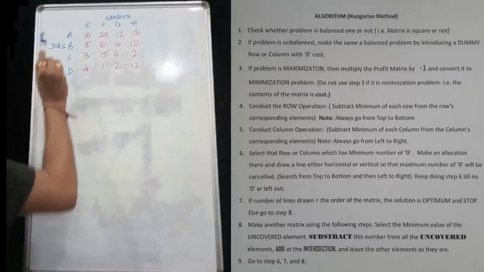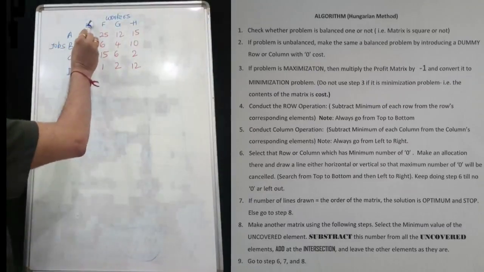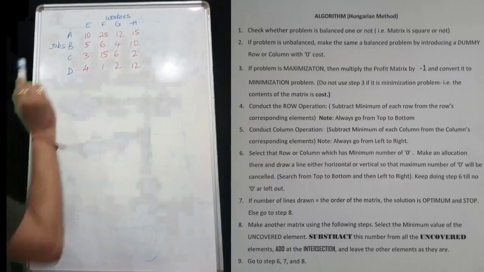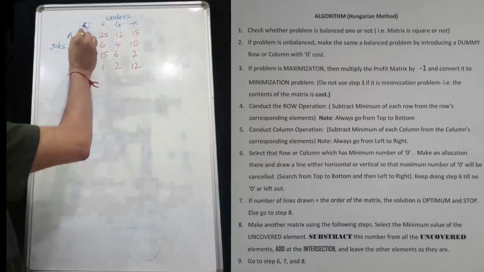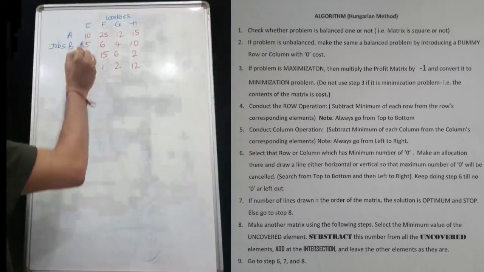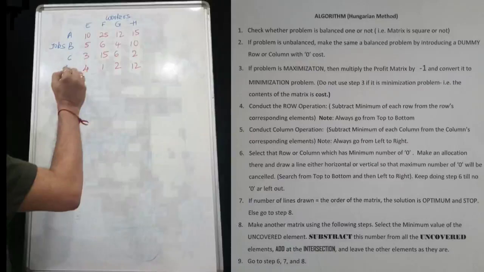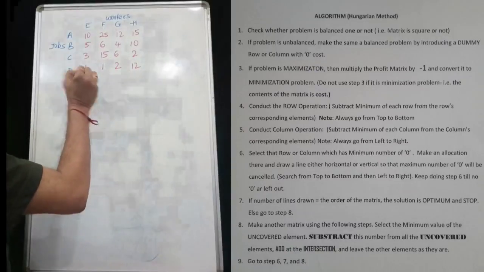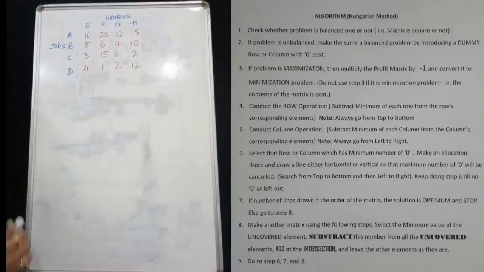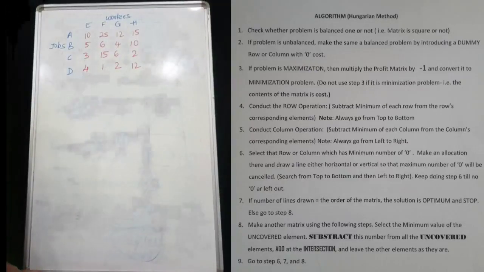That means when A does job E, he takes 10 minutes. If B does job E, he takes 5 minutes. If C does job E, he takes 3 minutes, and if D does job E, he takes 4 minutes, and similarly for all the 4 jobs the time is given.